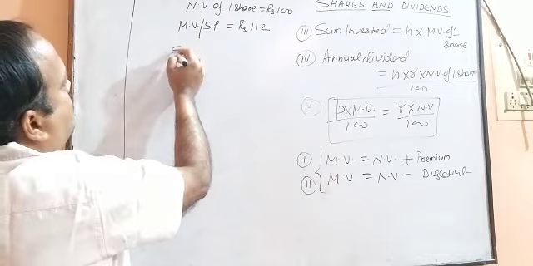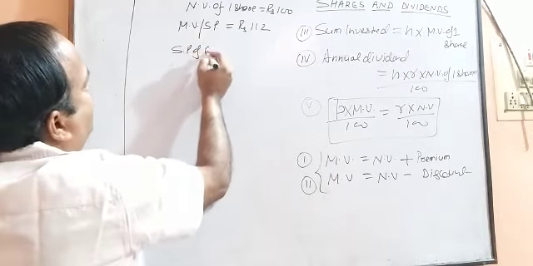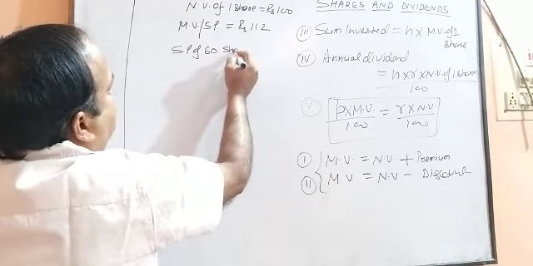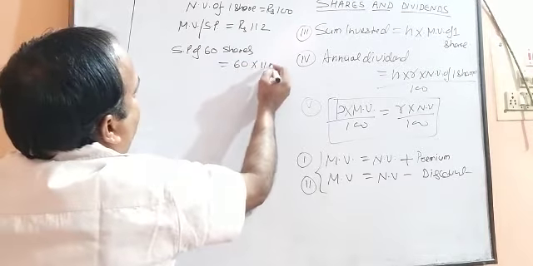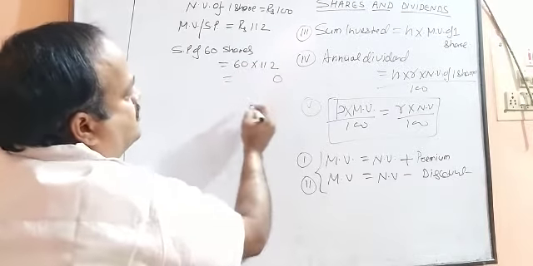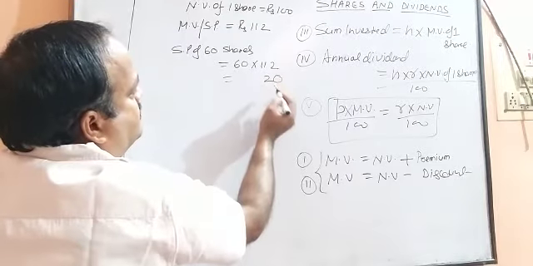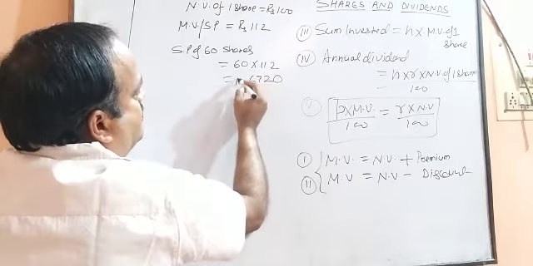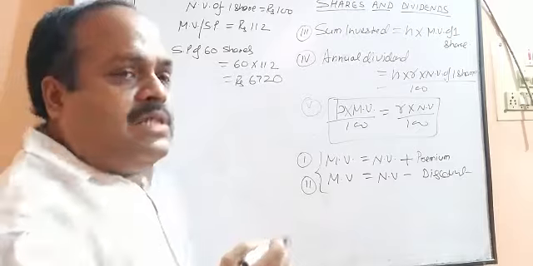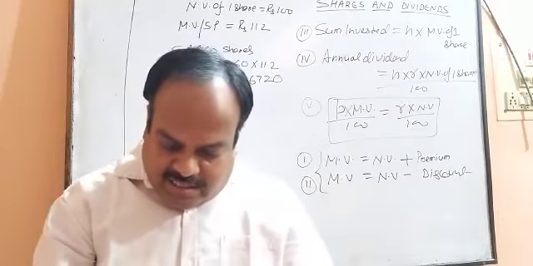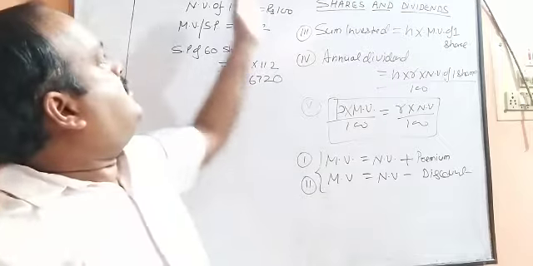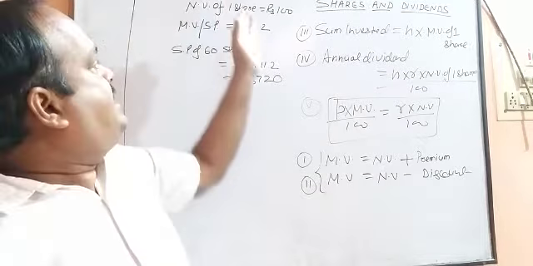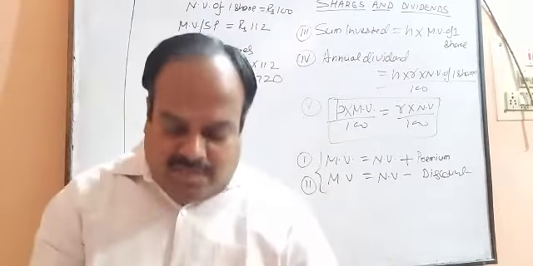So selling price of 60 shares is equal to 60 multiplied by 112, which is 6,720 rupees. That is the sum obtained by selling 60 shares at the rate of 112 rupees.